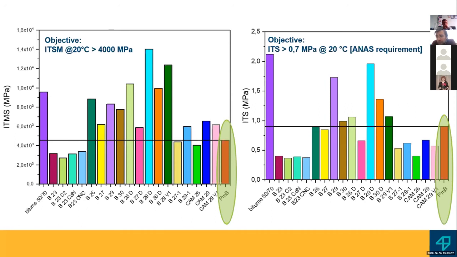And as you can see, some of these blends satisfy the conditions. Okay, there is a problem, but I worked on it, and I prepared some other blends, because some of these blends have a very high ITSM modulus, which can create problems of stiffness, a higher stiffness.